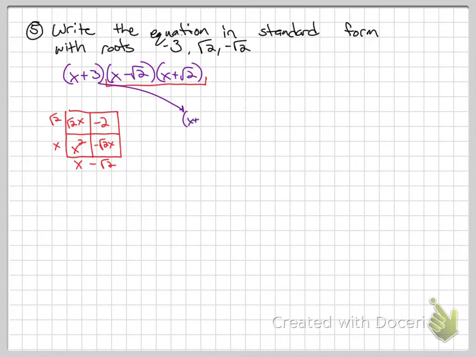We still have the x plus 3 from before. And then those cross out, x squared minus 2 for this one. So another area diagram multiplying those together.